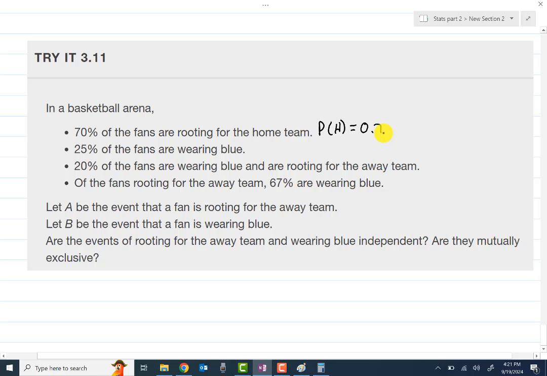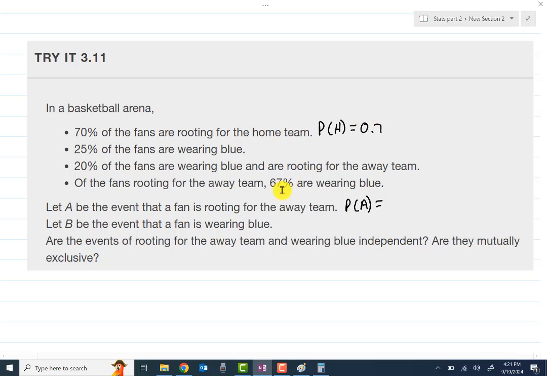But now, what is this probability here? What's the probability of A? Well, the question is not perfectly stated because it's making the assumption that if 70% of fans are rooting for the home team, automatically the rest of the fans root for the away team.